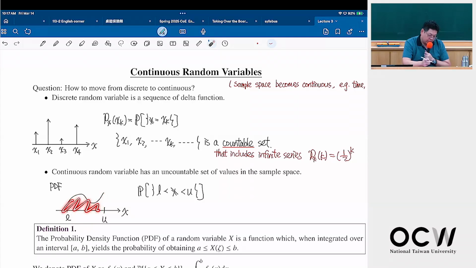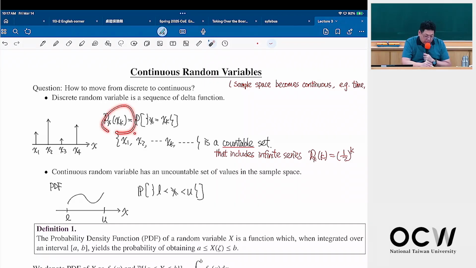It should be a range. So when we learn each random variable, we need to learn their PMF for discrete, PDF for continuous, and their expectation.